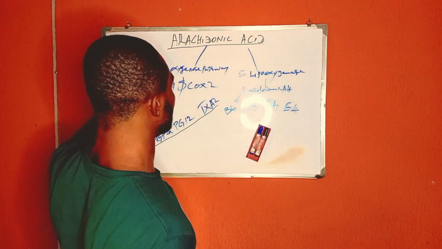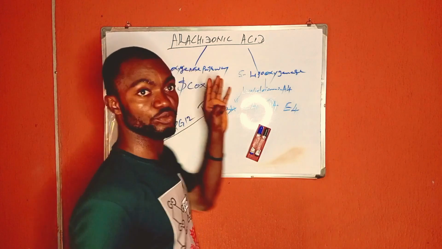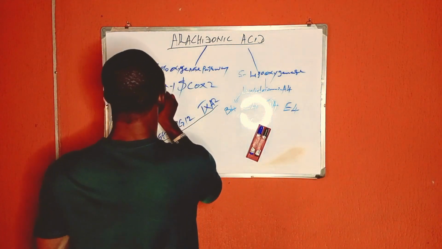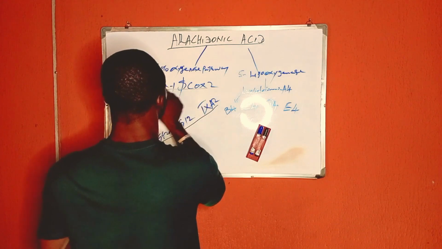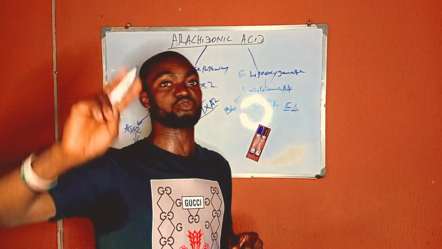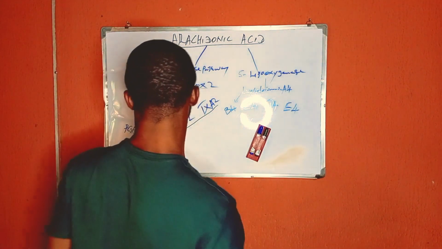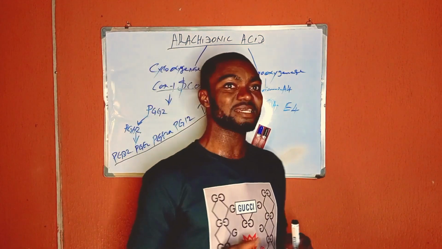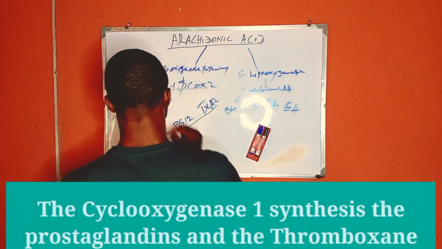The cyclooxygenase pathway that is derived from the arachidonic acid has two cyclooxygenases. We have cyclooxygenase 1 and cyclooxygenase 2. Okay, so cyclooxygenase 1 synthesizes this eicosanoid group here.